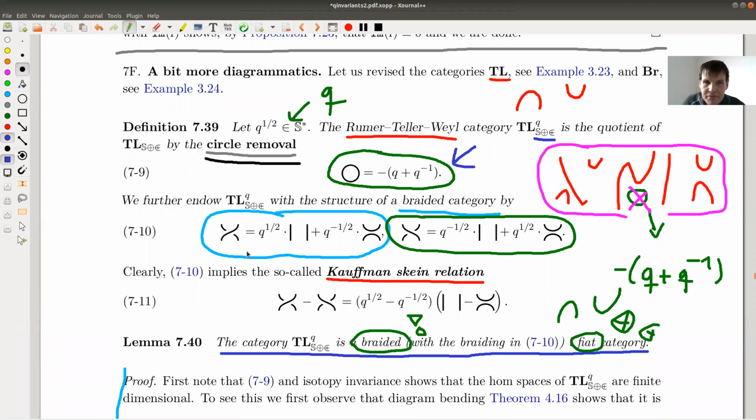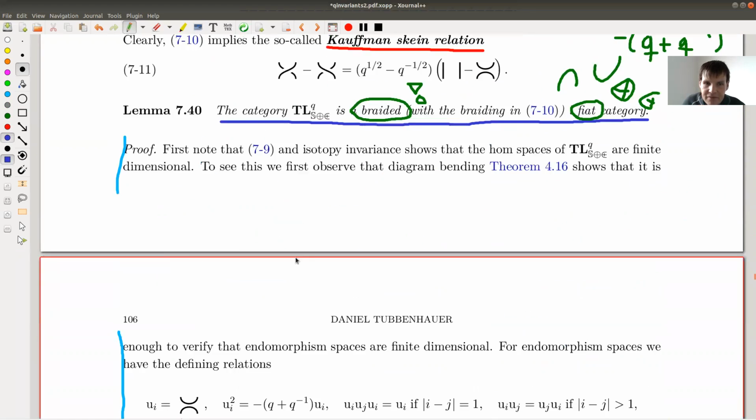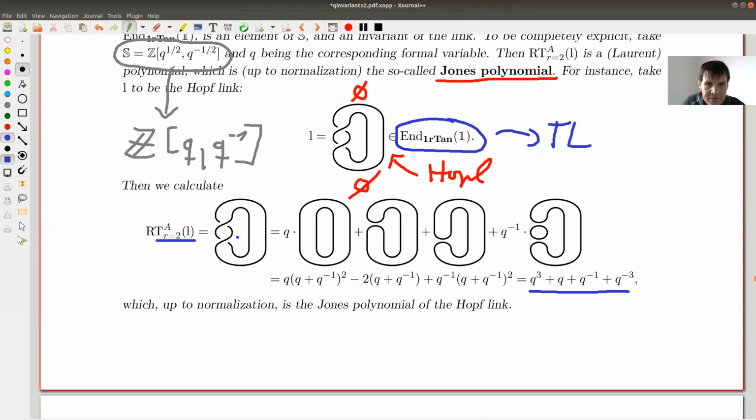Whenever you see a crossing, you replace it by those two things. So here's a crossing. I replace it by this one and this one. I have the above crossing, and I keep track of the scalars. I replace it by this one and this one, and then shuffle it because if I have two crossings and I replace two crossings by two expressions, then I get four expressions in total. You just sum them up.